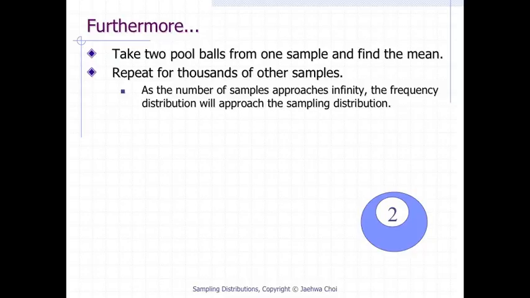A relative frequency distribution is drawn for the entire set of means. The more samples, the closer the relative frequency distribution will come to the sampling distribution. In other words, you can conceive of a sampling distribution as being a frequency distribution based on a large number of samples.